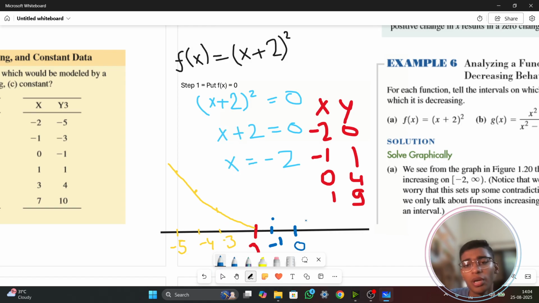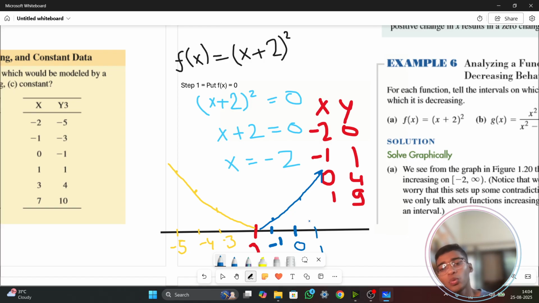For my 0, I'm getting the value of 4 here. For my 1, I'm getting the value of 9 here. So my graph has now started to increase, while earlier it was decreasing. So I'll say in the interval of minus 2 to positive infinity, my function is increasing.